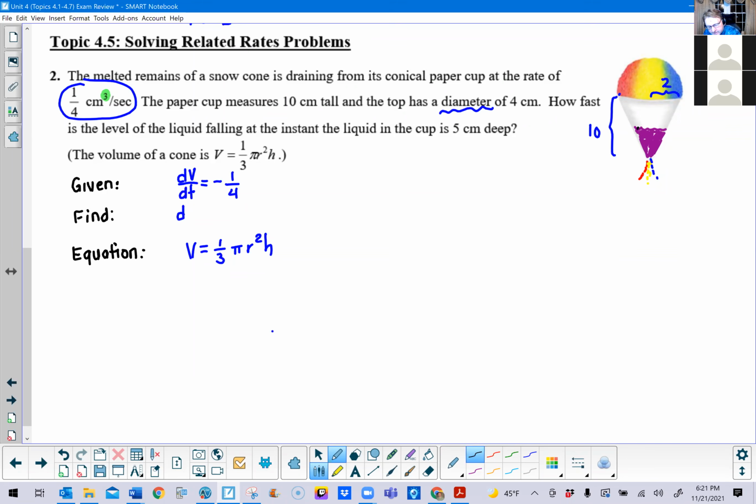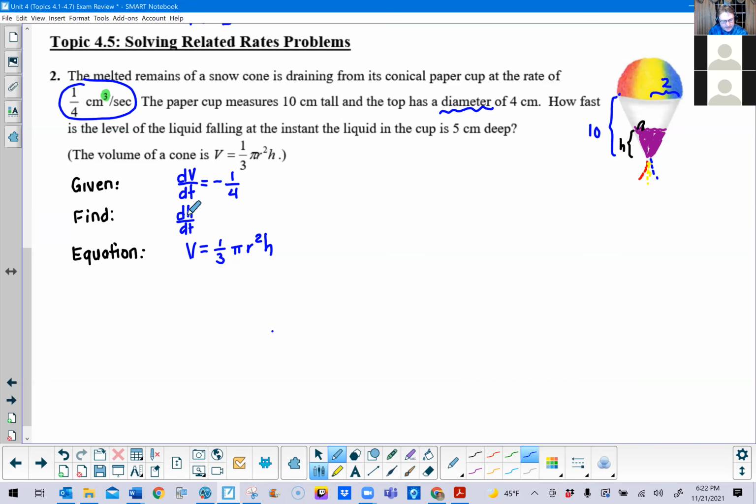So you've got your purple liquid and it's kind of draining down to a certain level. We do not know how tall that level is as it's draining, right? We don't know this. It's an H to us. Now I know eventually it's going to be 5, but as it's draining, it's an H. So what we're going to want to find is dH/dt.